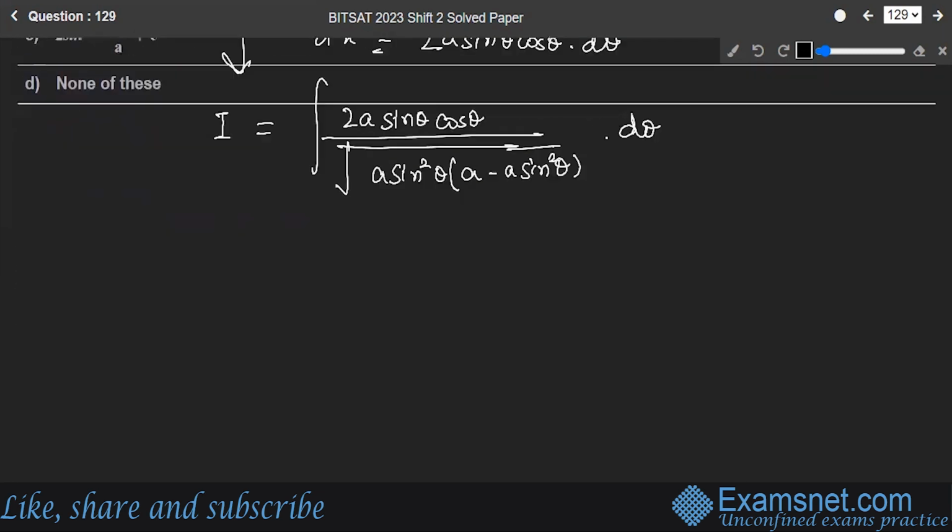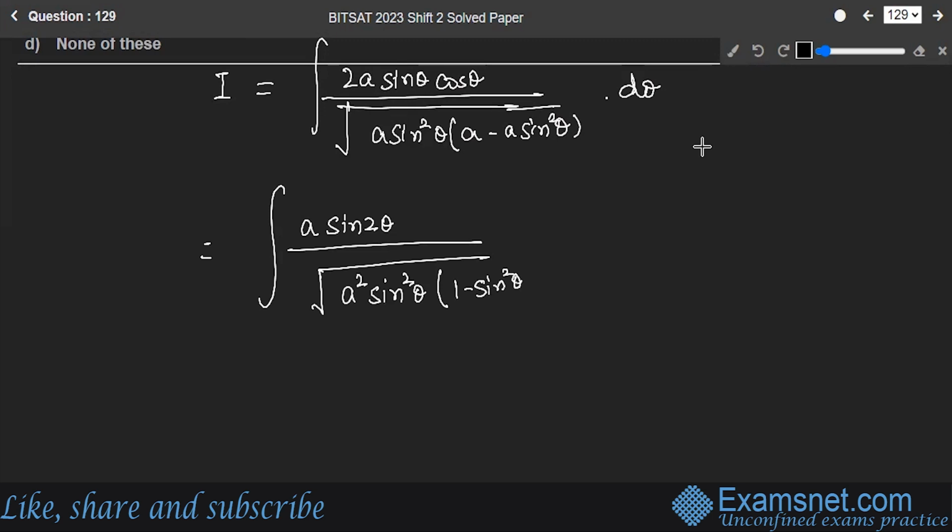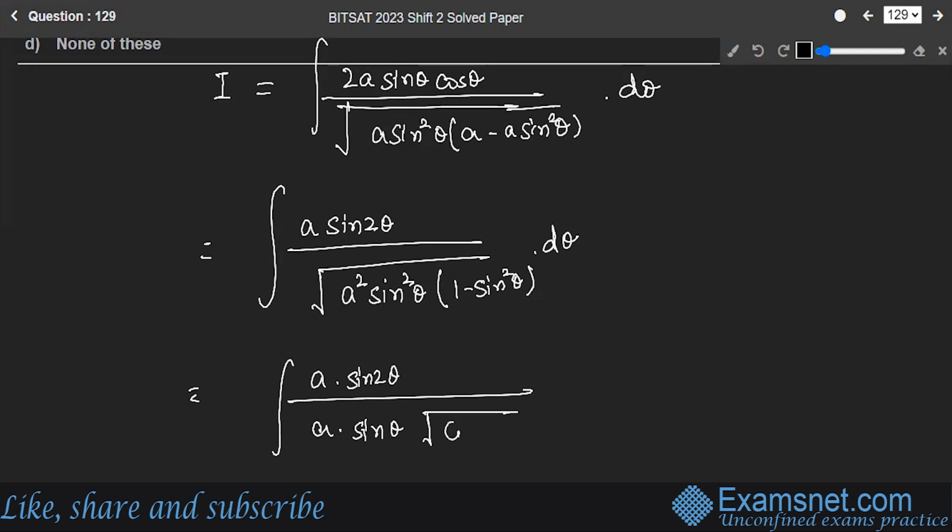So this will be the integral of 2a sin theta cos theta, which is a sin 2 theta, divided by, taking a outside, a square sin square theta times (1 minus sin square theta), d theta. This is equal to a into sin 2 theta, taking a sin theta outside, root of 1 minus sin square theta, which is cos square theta.